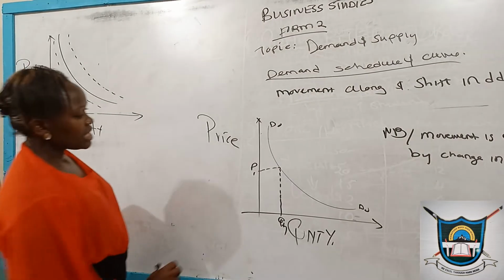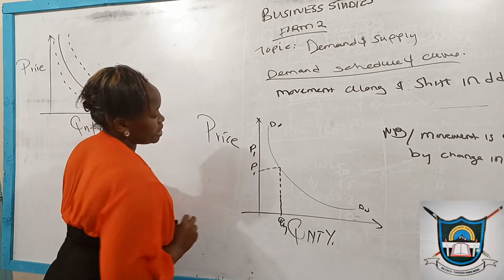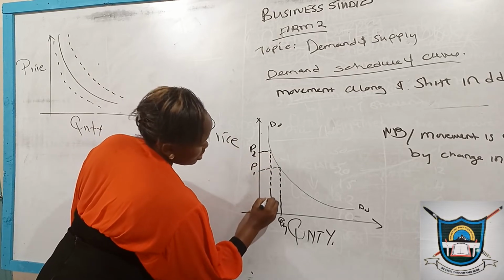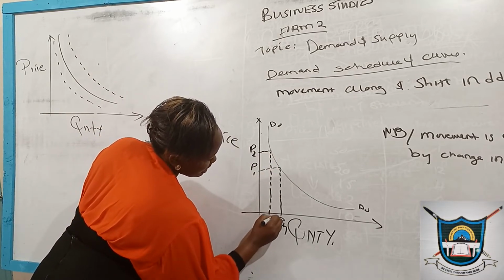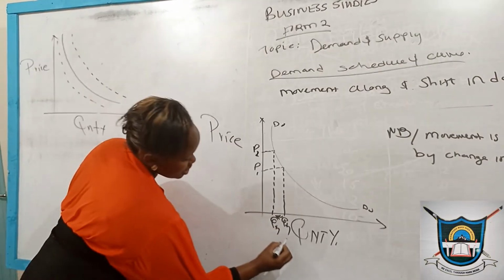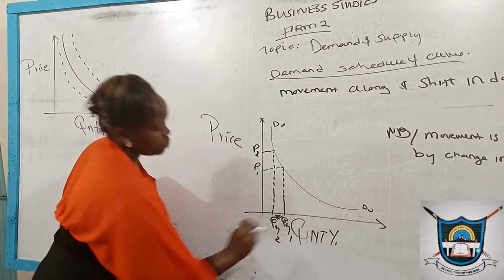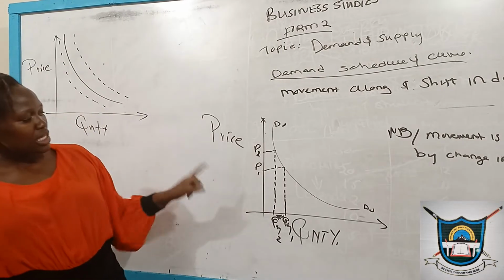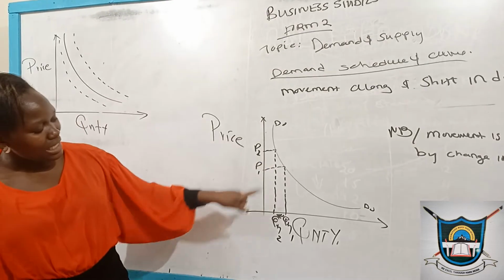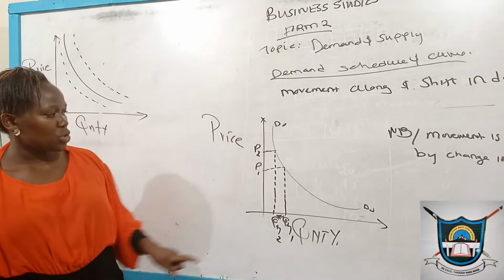If the price increases from price 1 to price 2, again we see the quantity demanded decreases from, we can call this, Q1 to Q2. So when price increases from P1 to P2, the quantity demanded decreases from Q1 to Q2.